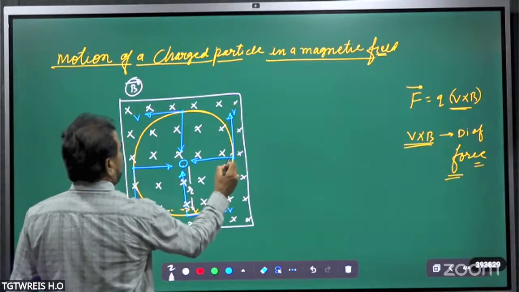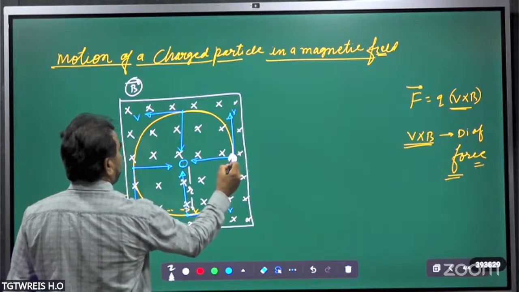When the charged particle is here, how many forces are acting on it?